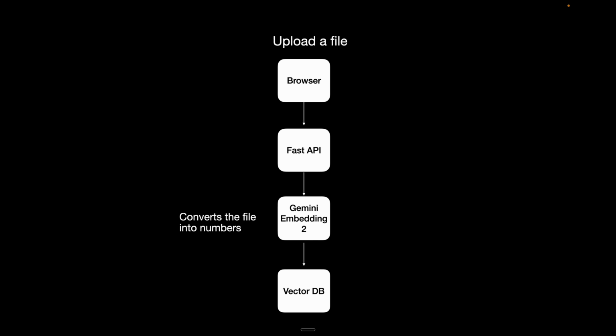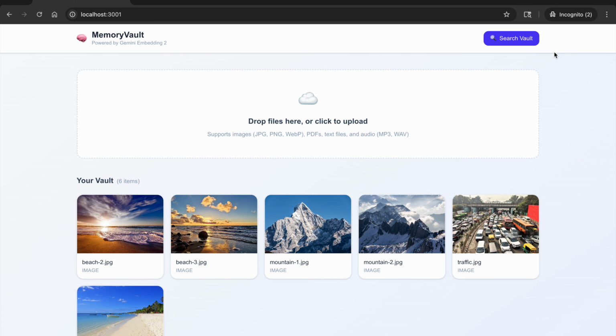What happens is, when you upload a file to the browser, I'm then calling FastAPI, which is then calling the Gemini Embedding 2 API, and it is converting that file into vectors, like numbers, and those numbers I'm storing into the vector database.